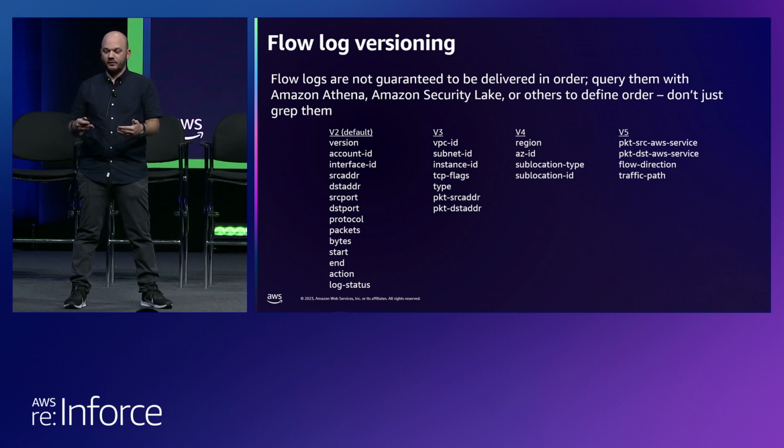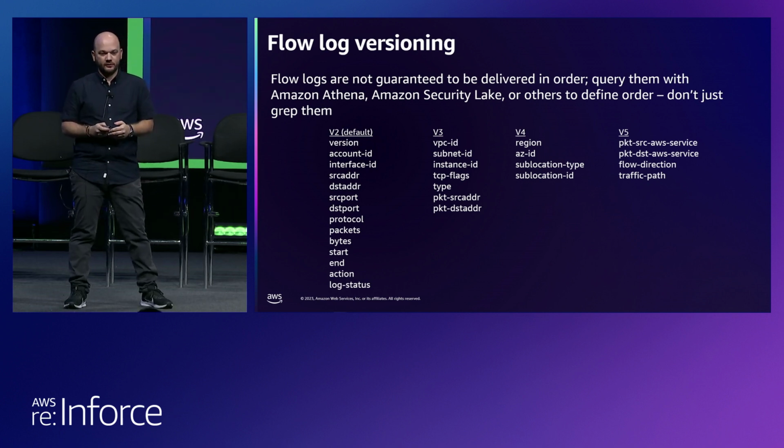And then you can start building on that. In version 3, you can look at a VPC ID, a subnet ID. In version 4, you can look at it also from a region perspective. So you have different options on how you can do it with flow logs to allow you to have more visibility and scale how you want to look at your traffic in and out.